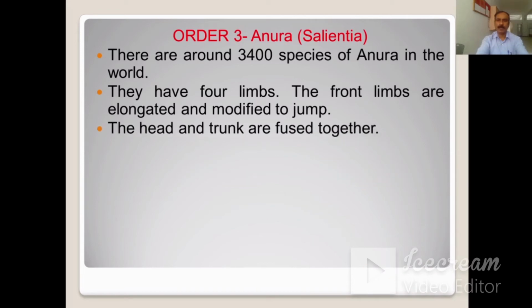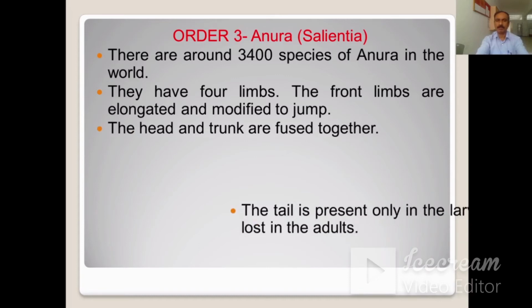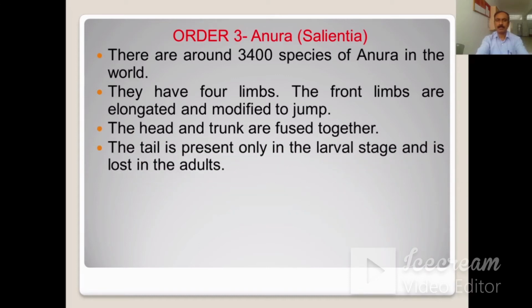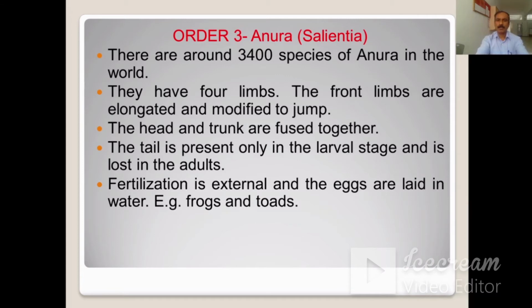The head and trunk are fused together. The tail is present only in the larval stage and is lost in the adults. Fertilization is external and the eggs are laid in water. For example, frogs and toads.